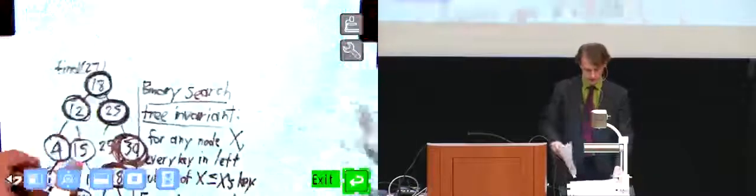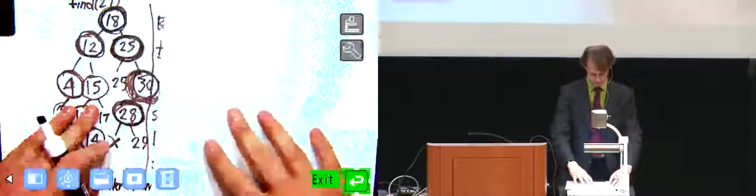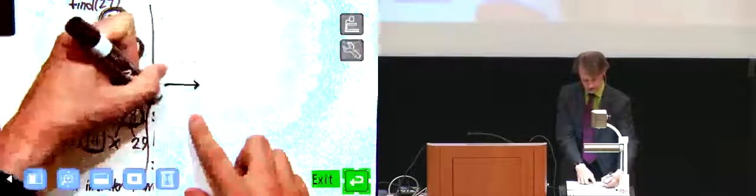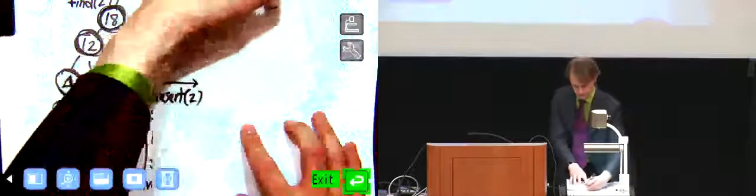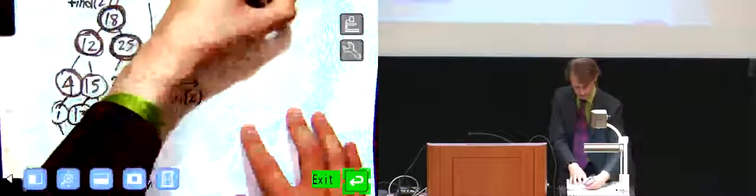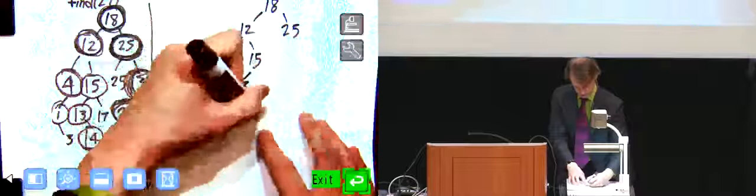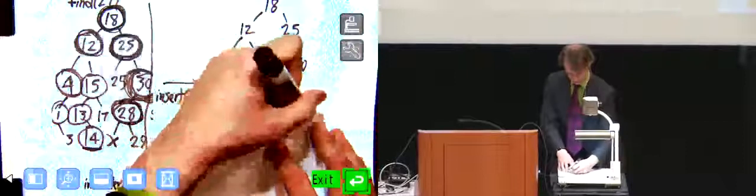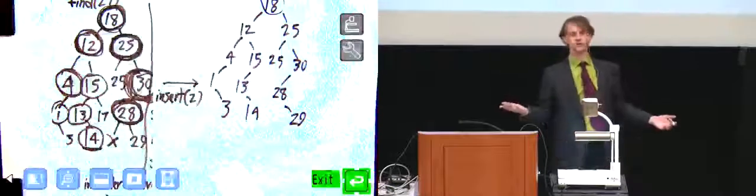And so, for instance, coming back to our favorite tree, if you insert 2, then, well, the parts of the tree that were already there don't change. But what you do is you start at the 18, you act as if you're searching for the 2.